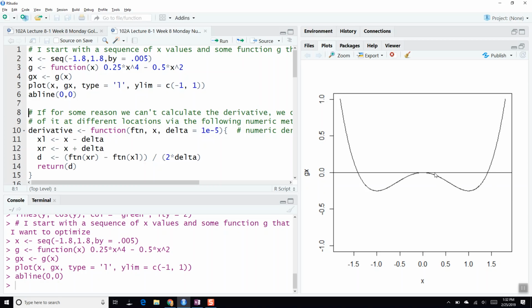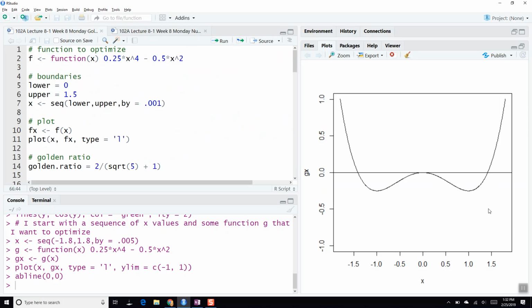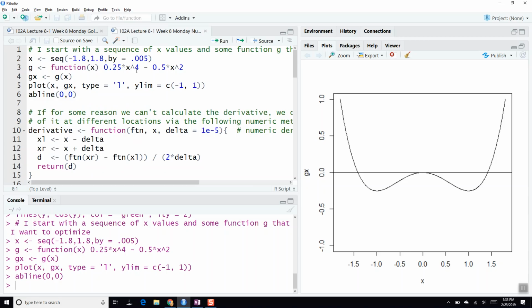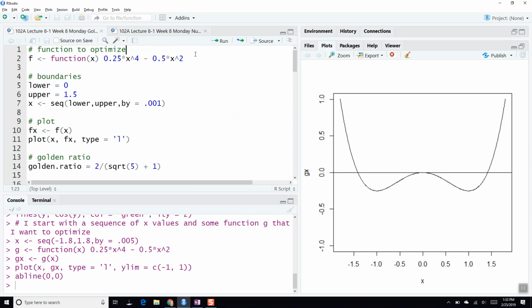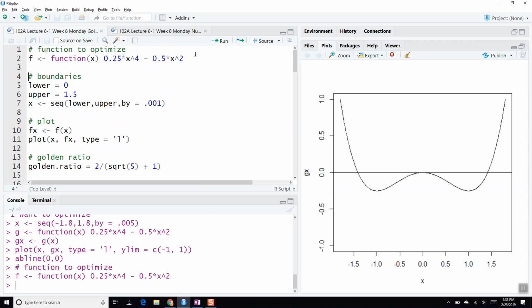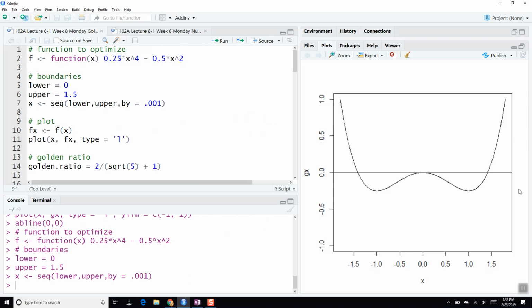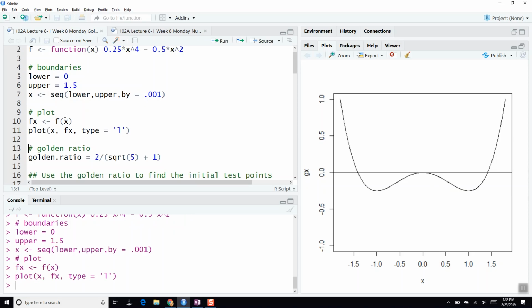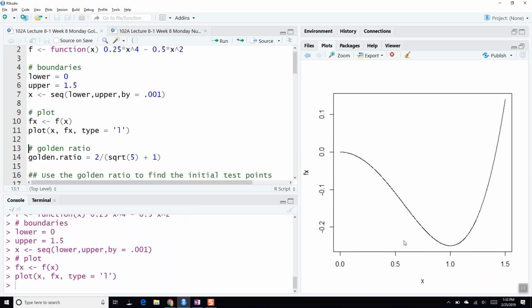So we're going to just have this kind of dip down and go up, and we're going to search for a local minimum on the right-hand side of the graph. Okay, so the function is 0.25 or 1/4 x to the 4th minus 1/2 x squared, and I'll draw this, going from 0 to 1.5, and I'll plot this. Okay, so we want to optimize this function here.